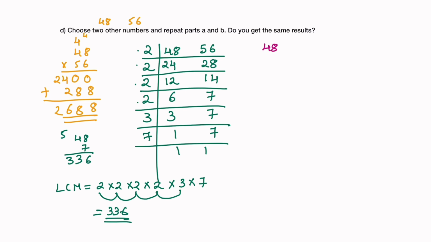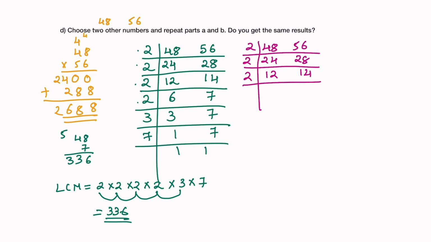Next we need to find the GCF, right? So we say 48 and 56. 2. So that's 24 and 28. I can copy from this table right here. That's 2, 12, 14. That's 2, 6, and 7. Same stage here. So these are the factors for GCF now.